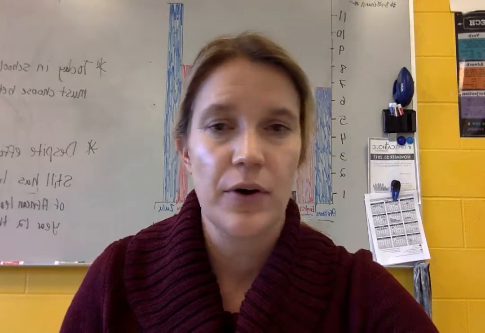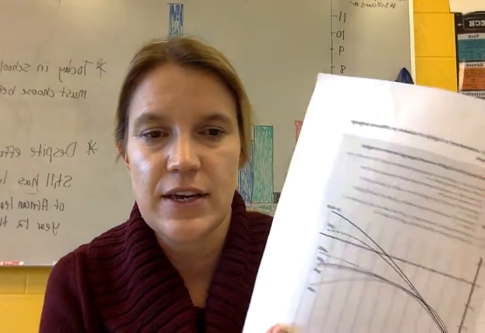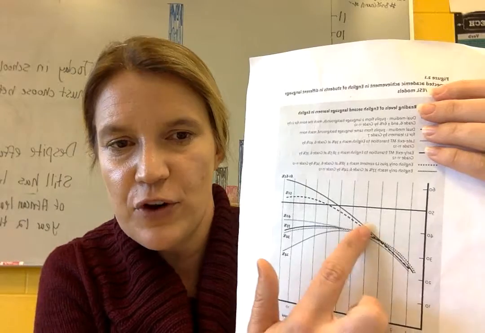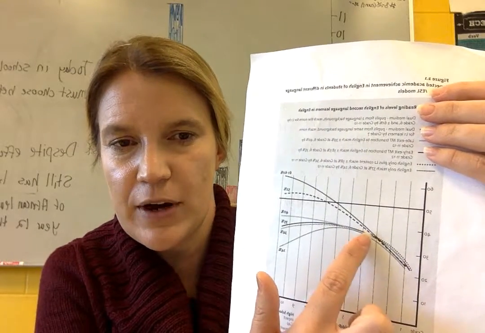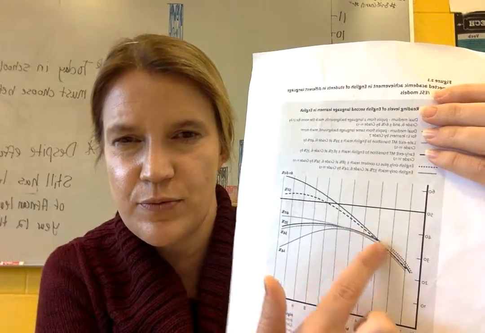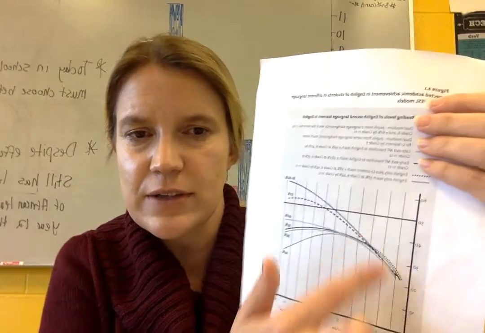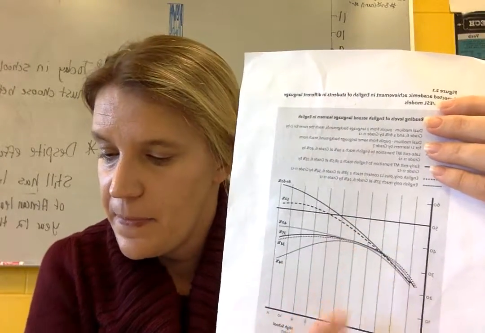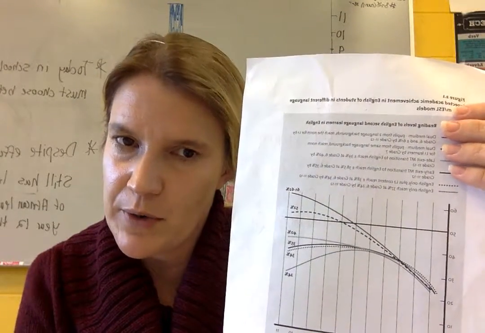Another interesting part of this graph that you can see is from first to about fourth, and through to about sixth grade really, you can see that they're all progressing quite well.